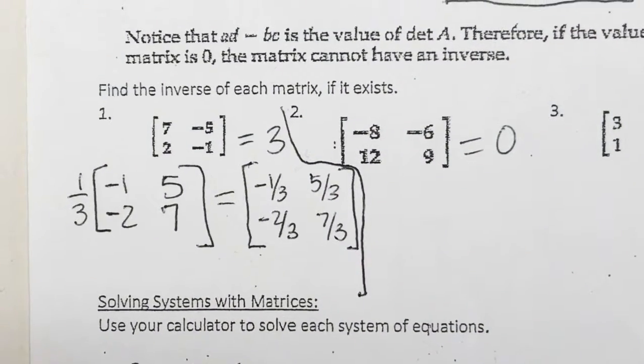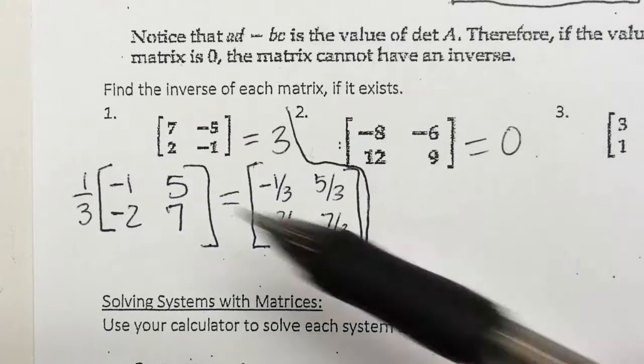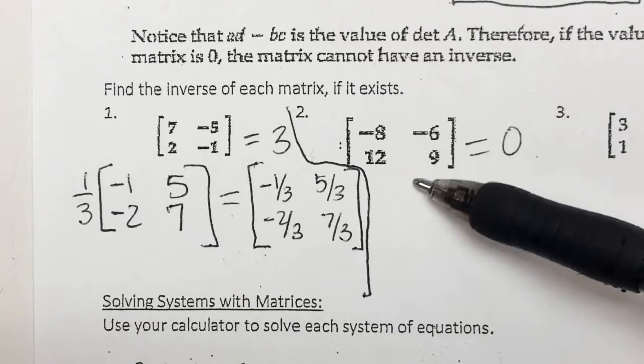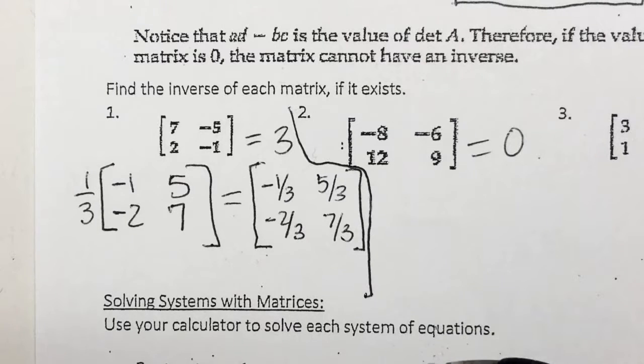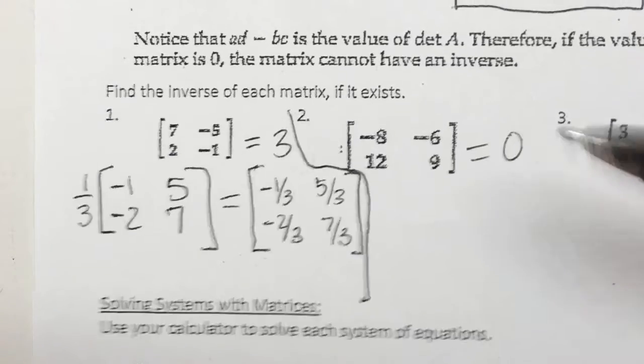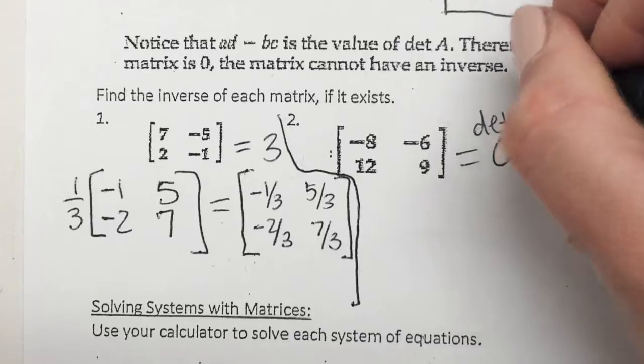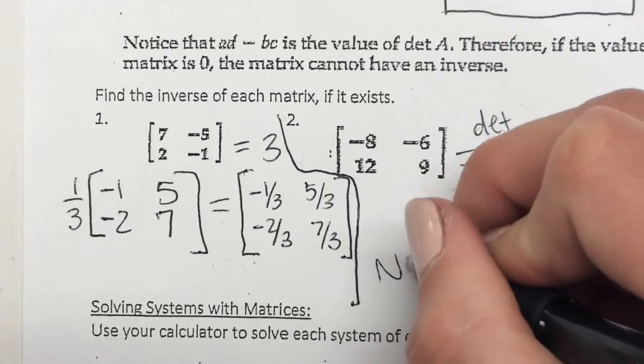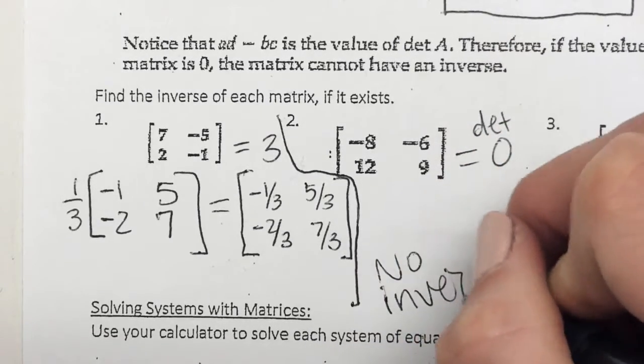Alright, so for our inverse, we'd have to have 1 over what out front? 1 over 0. What's wrong with that? Correct. So when you get 0 for your determinant, the answer is it will have no inverse. So this matrix does not have an inverse.